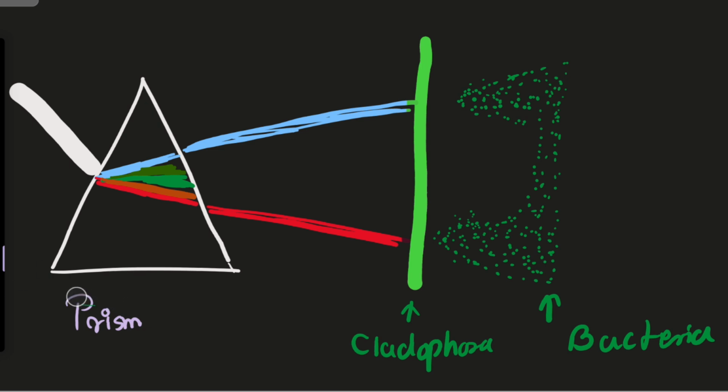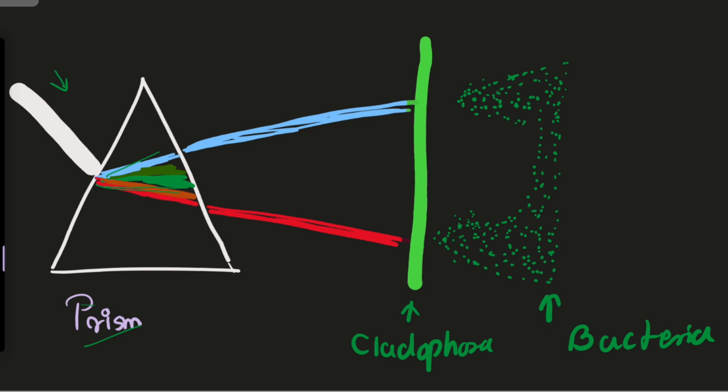So this is the prism, this is the incident ray, white light, and this white light splits into the spectrum colors like blue, red, violet, yellow, green.